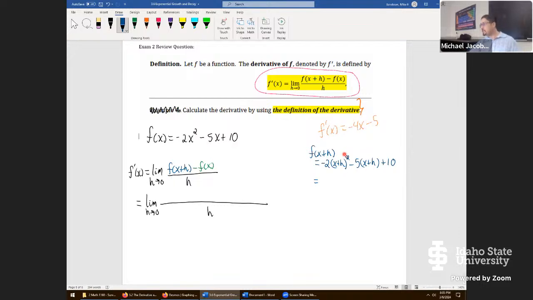Right over here, we'll write this as negative 2. And when you FOIL out x plus h squared, let's do this one in the margin. Recall it has to go like this, x plus h times x plus h. We'll get an x squared plus xh plus xh plus h squared each time you FOIL that out entirely.